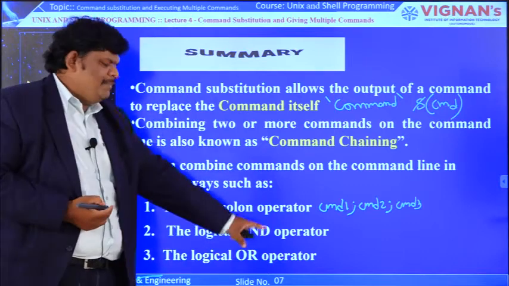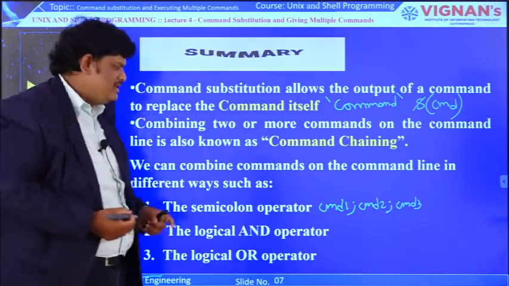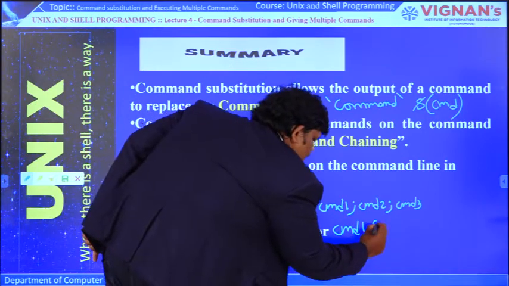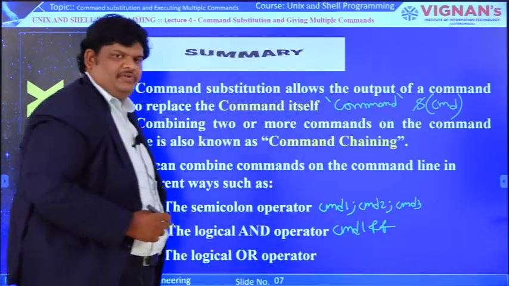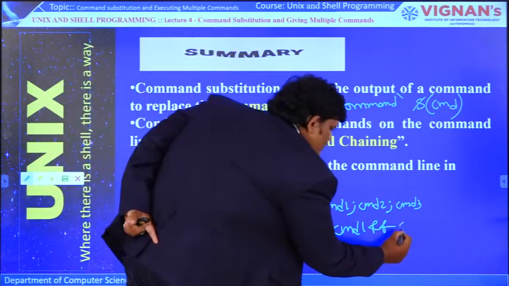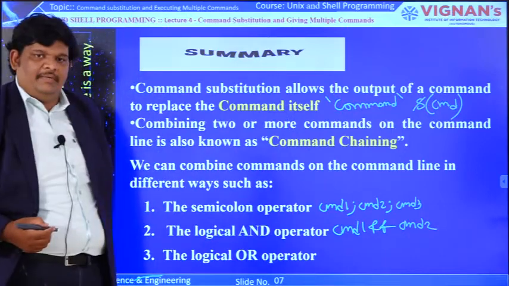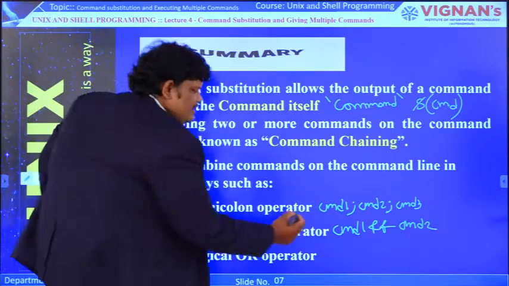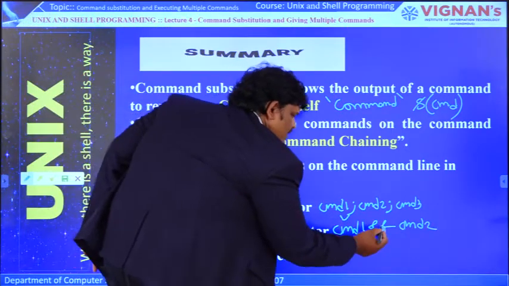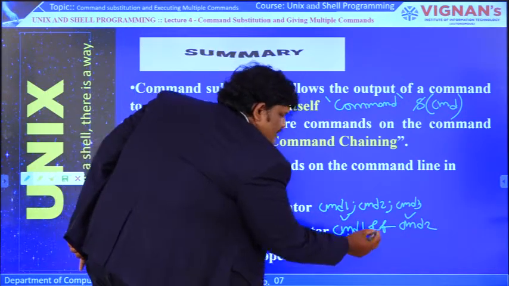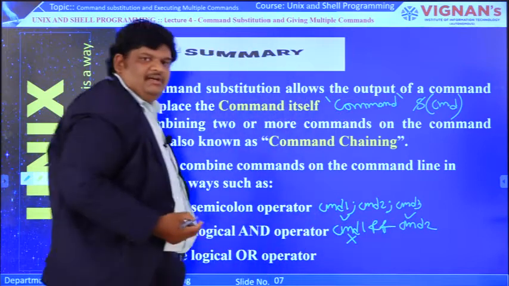And next, the logical AND operator, which we also discussed with some examples. The syntax is command 1, 2 ampersands, and next command 2. This is the logical AND operator. If command 1 is successfully executed, then only command 2 will be executed. If command 1 fails, shell never executes command 2.